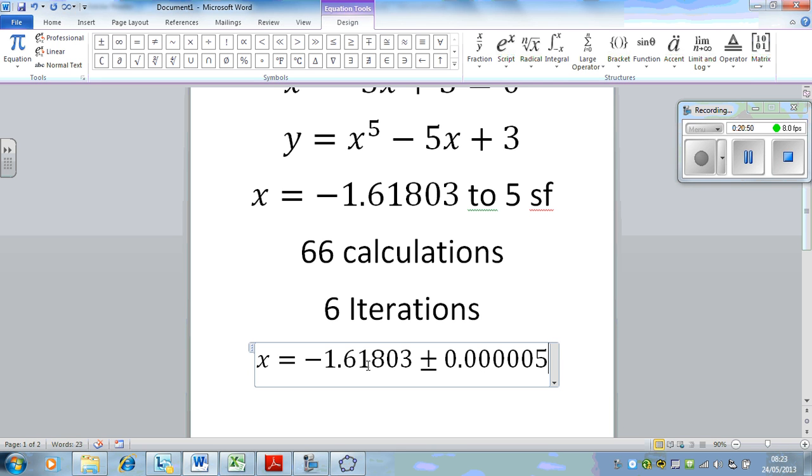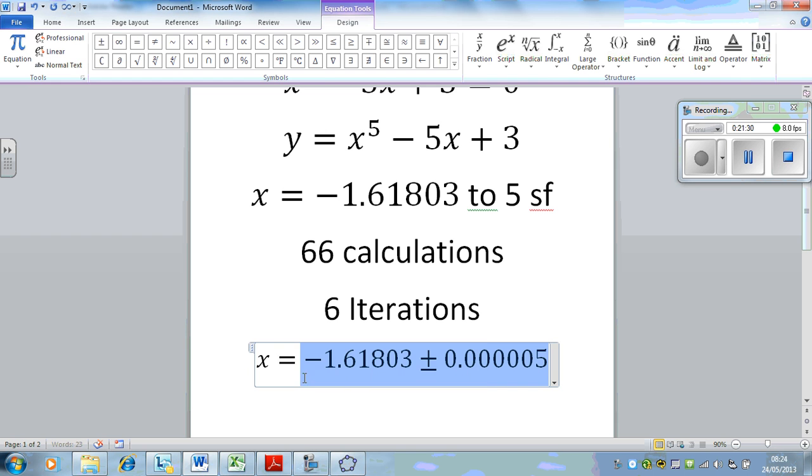Basically, the solution can't be bigger than minus 1.618025, and it can't be smaller than minus 1.618035, because if it was smaller than that, then it would round to a 4, and if it was bigger than the other, then it would round to a 2.